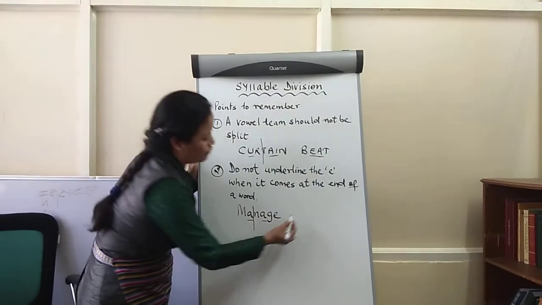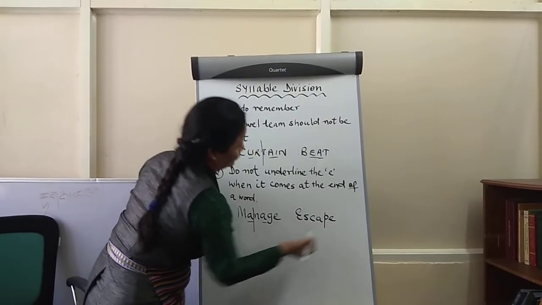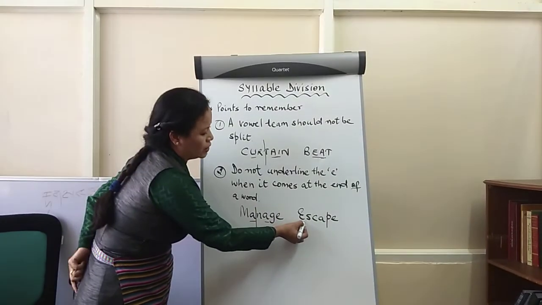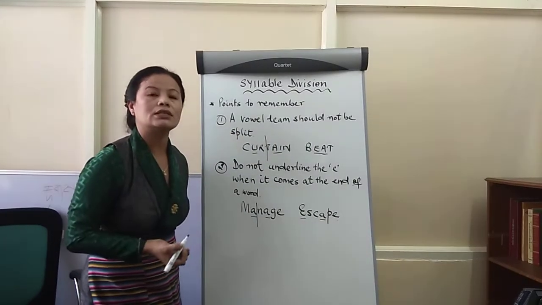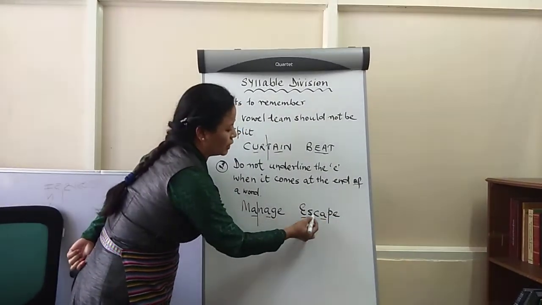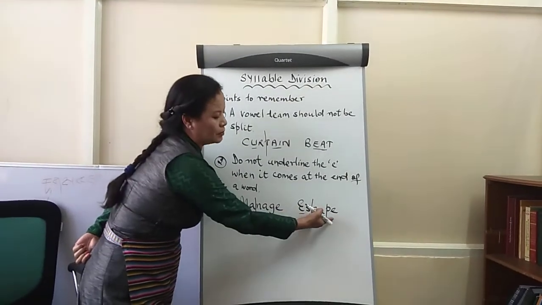In the same way, we have the word escape. We underline this sound, but we will not underline E since it is at the end of the word and it is silent, right? So it's a two syllable word, escape.